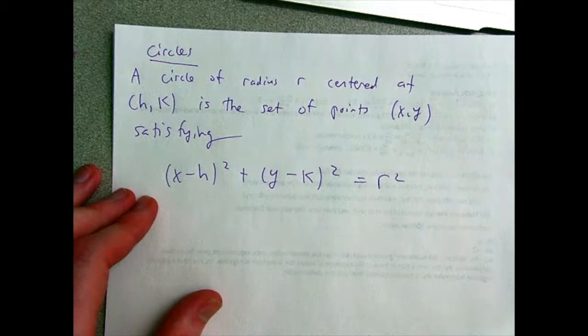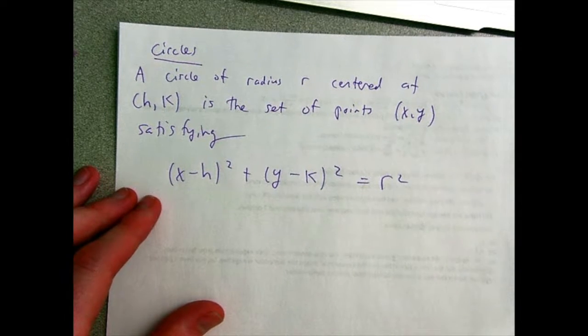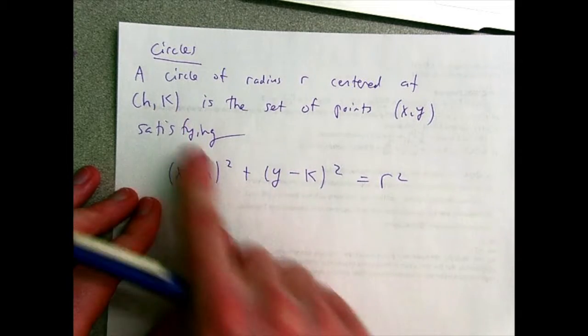So that's the equation of a circle centered at (h, k) and with radius r.